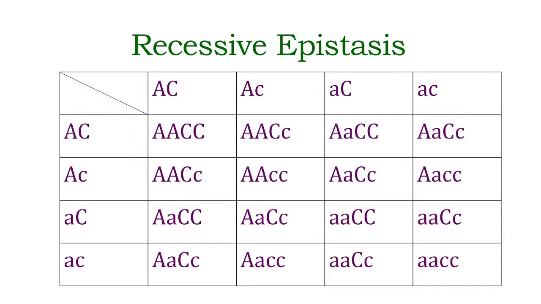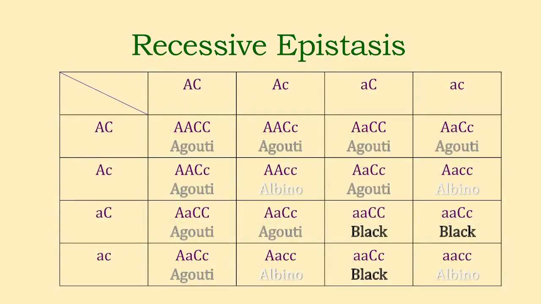Next, crossing of F1 with F1 will give 16 possible offspring. How will we determine the genotype of these offspring? So we need to first locate the 9 agouti pattern. Focus on A. Wherever capital A is there and capital C is there, that coat color will give agouti mice.